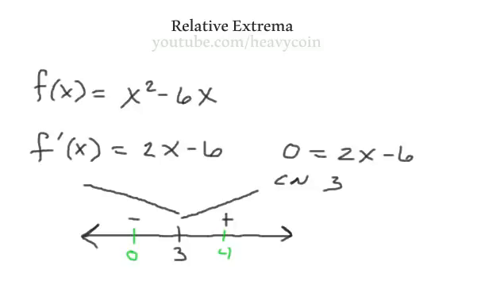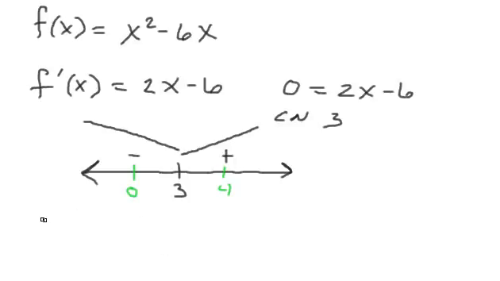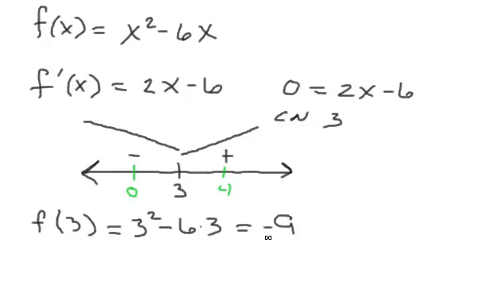So what we want to do is actually find that point on the graph, and we're going to do that by taking 3 and plugging it directly into our function up here. So I'm going to plug 3 in, and we get 3 squared minus 6 times 3, and that's going to end up giving us, I think, negative 9.